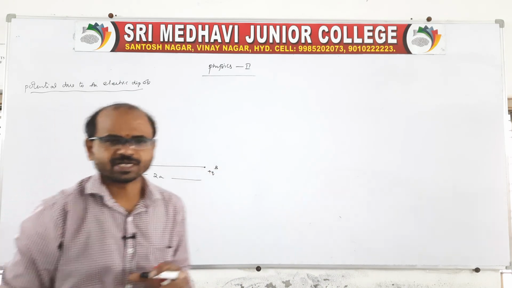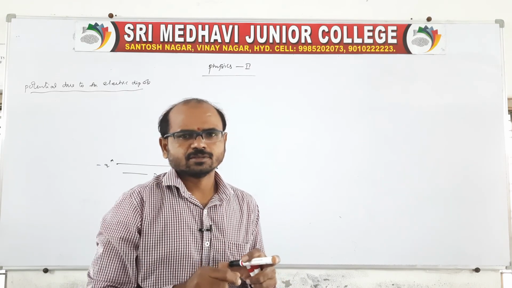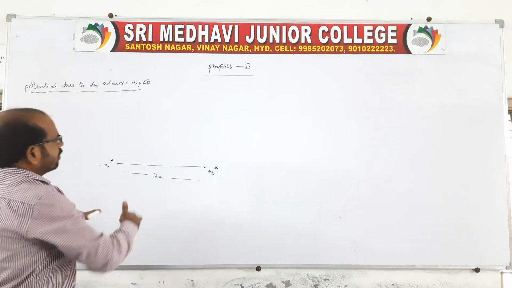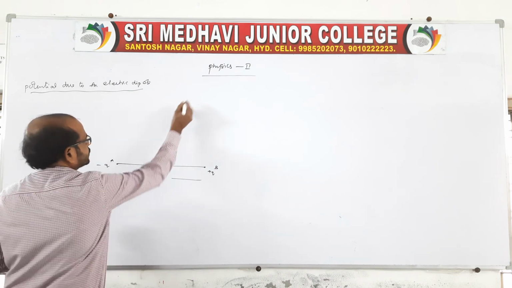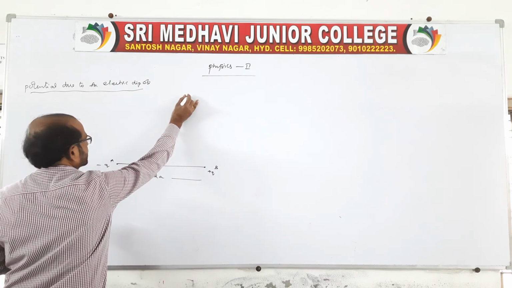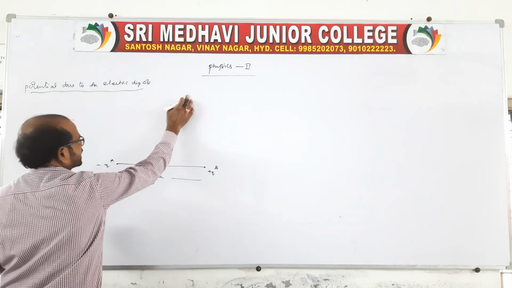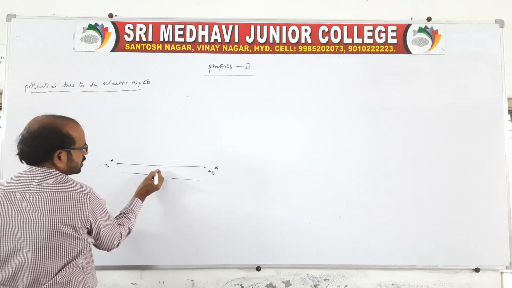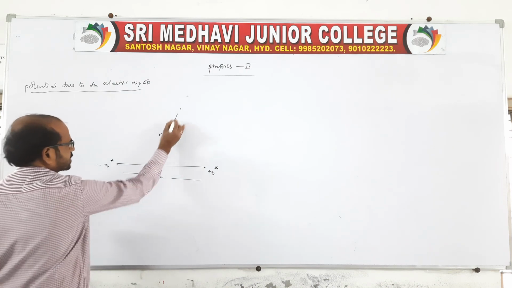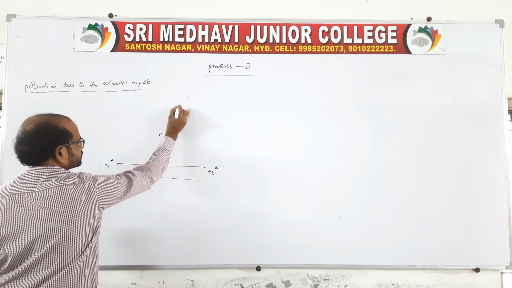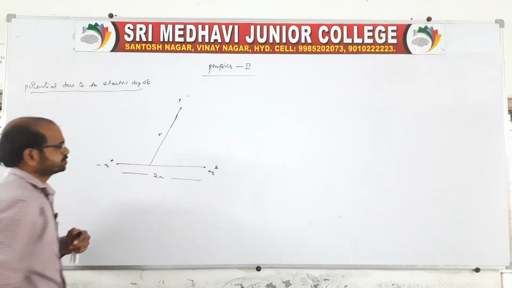So it is somewhere else, at a point like this. You draw a line onto this line, at a distance R. This is the point P.